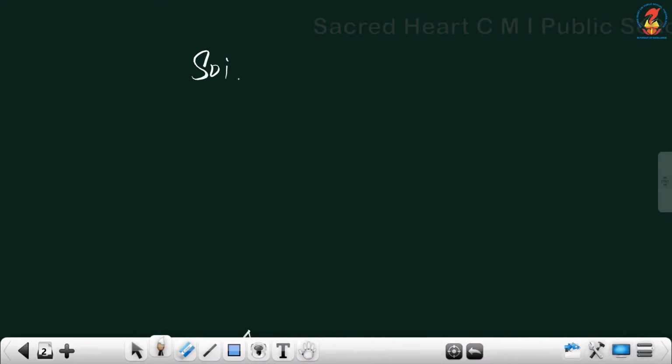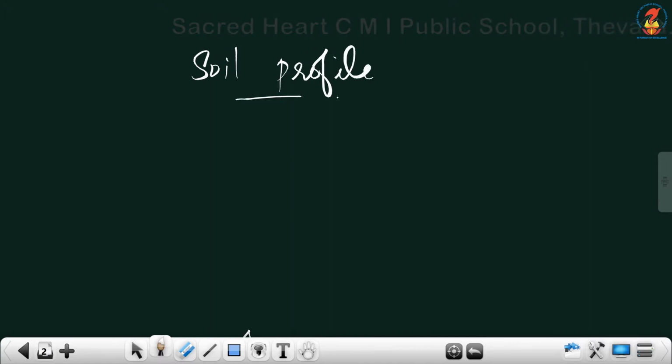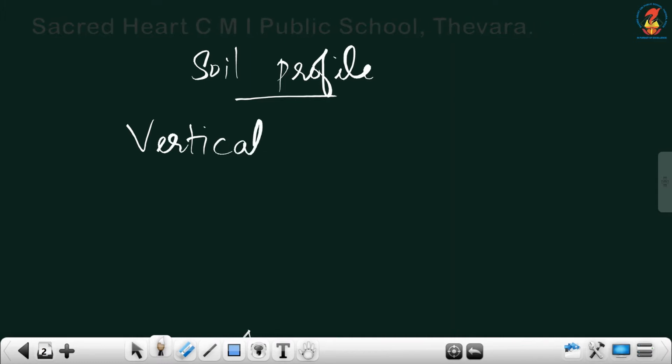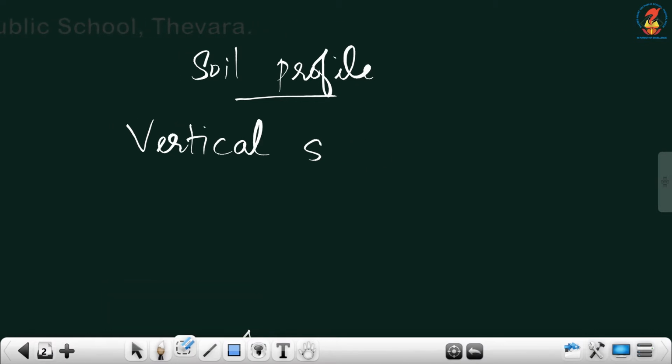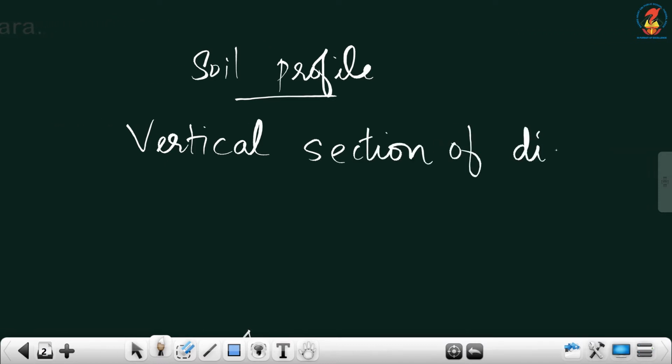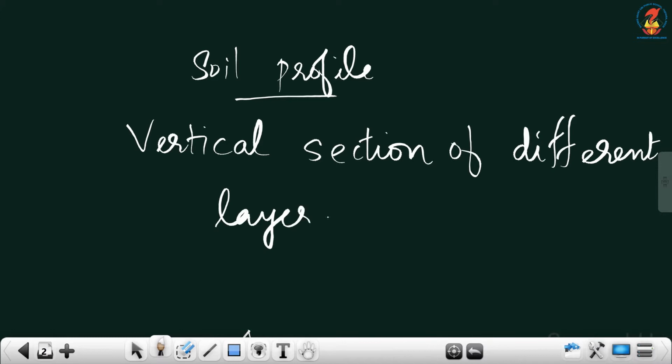So soil profile is the vertical section of different layers of soil.